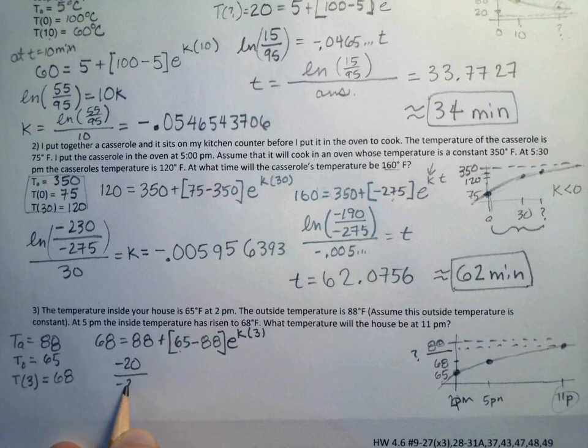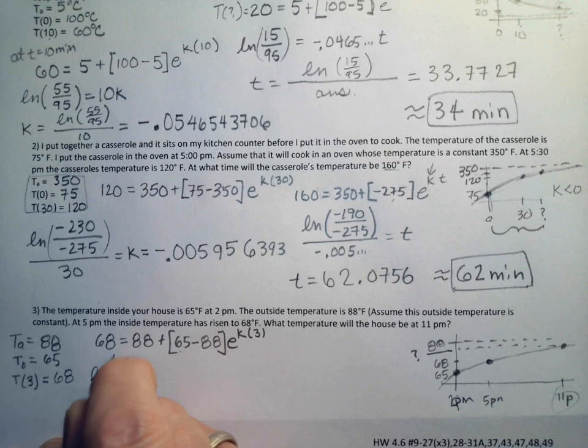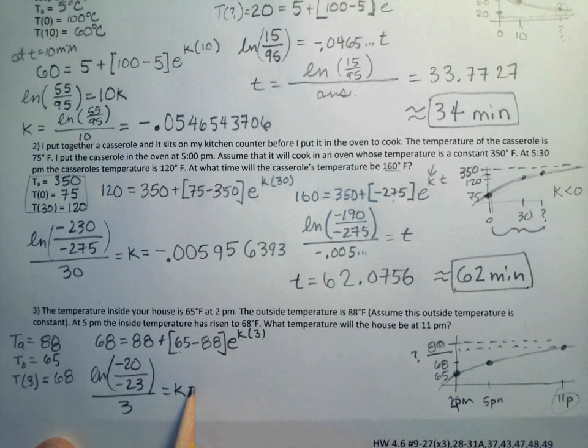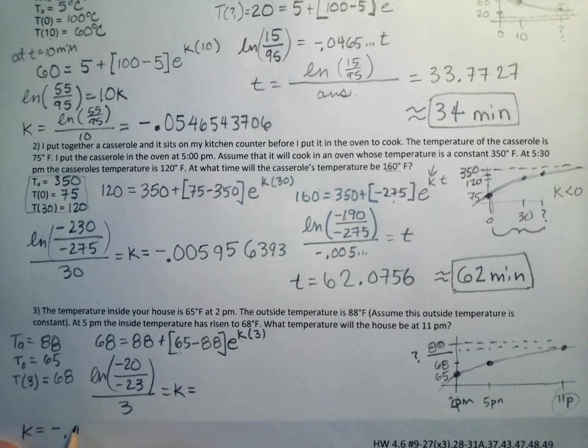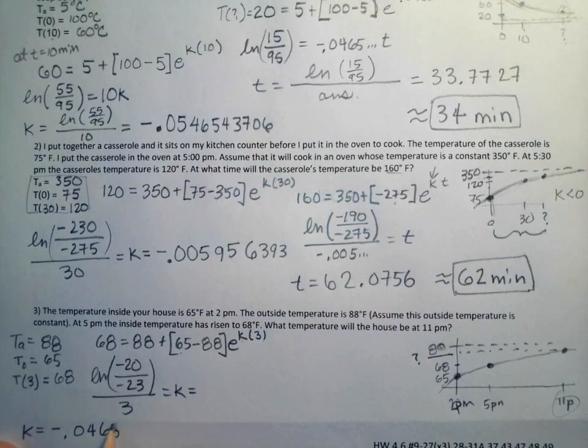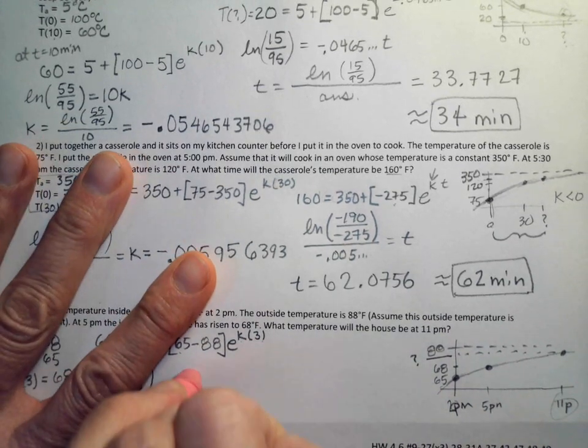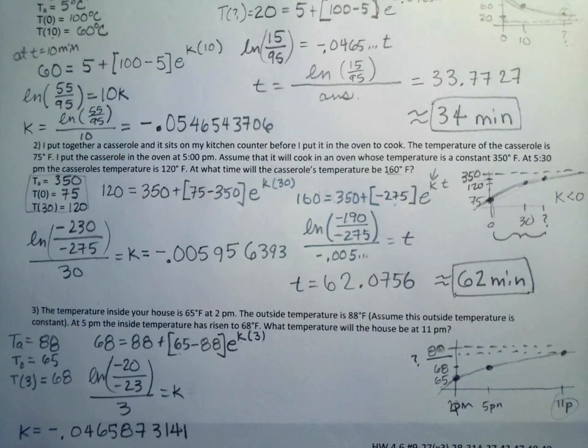Divide that by the negative 23, that's this. Take the natural log, and that will equal on this side 3K, divide by 3, and that gives us our K. All right, so let's do that down here. K then is equal to negative 0.0465873141.